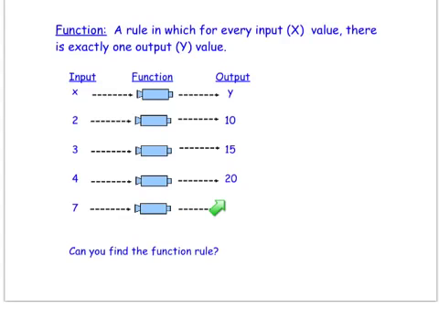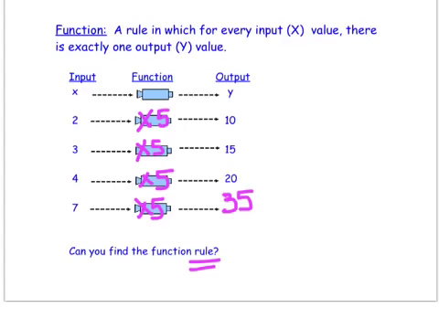Well, let's think. We have 2 to 10, 3 to 15. Oh, I know what I'm doing. I'm multiplying by 5. Here, if I multiplied 7 by 5, I would get 35. So the way you write a rule is basically an equation.